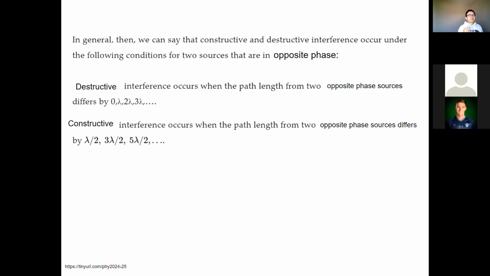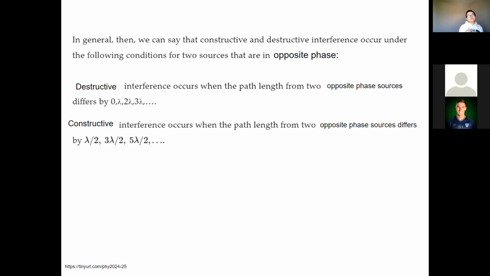So then it's the other way around. If the path difference is half of lambda, say 1/2 lambda, 3/2 lambda, 5/2 lambda, etc., then you'll have constructive interference. If the path difference is a multiple of lambda, then you get destructive interference.